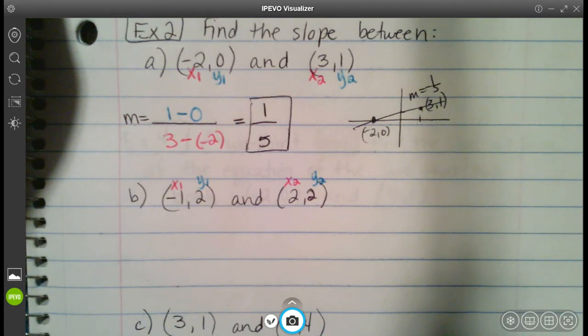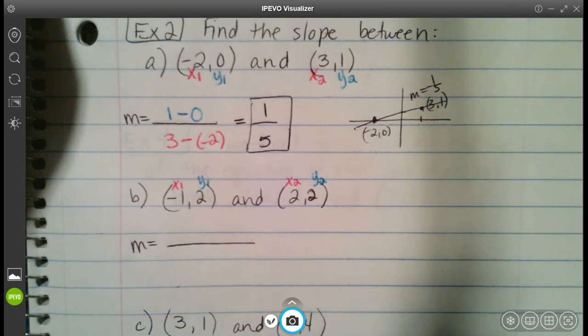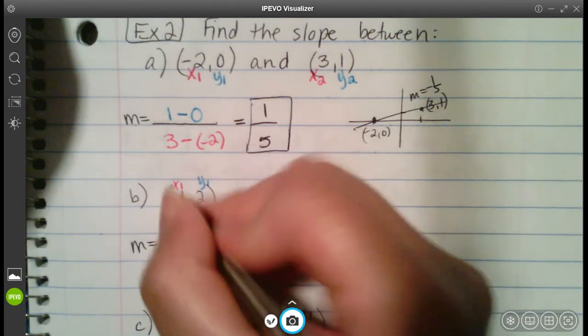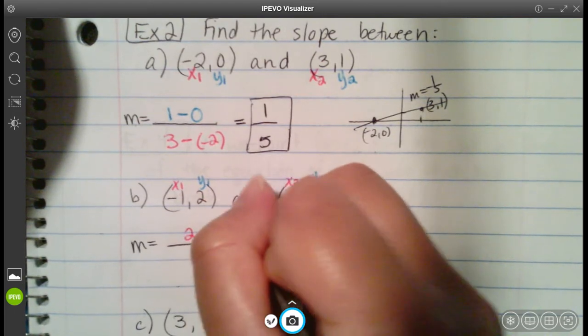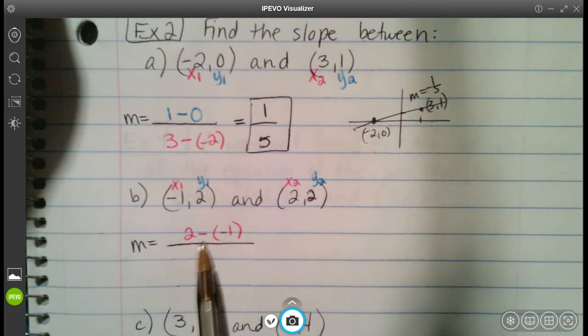Okay. All right, so we're going to have m equals, put my division line here. We have x2 minus x1, so in this case, it's going to be 2 minus -1. Okay. And then y, oh, did you already see what I did? It's a good thing I caught myself. What did I do? I started with the x's.